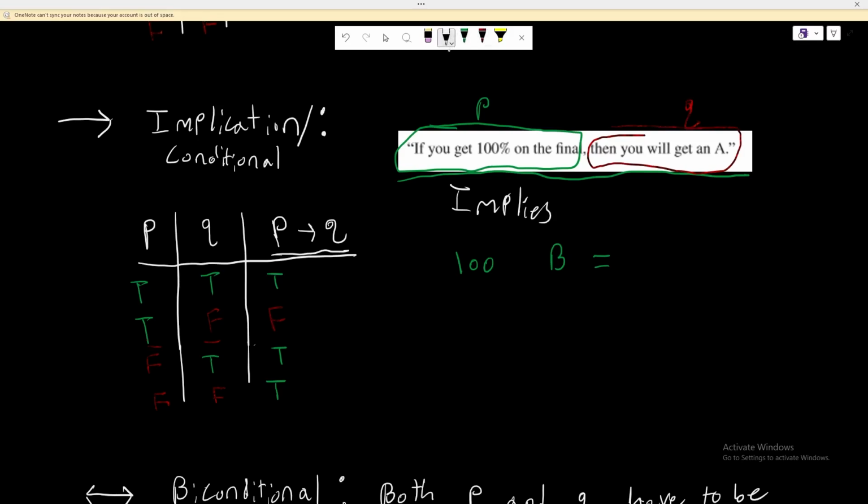P is true, so it's one of these two rows. And then we did not get an A, so Q is false, so it would be this row here. This results to false. And this is where some people have problems understanding.